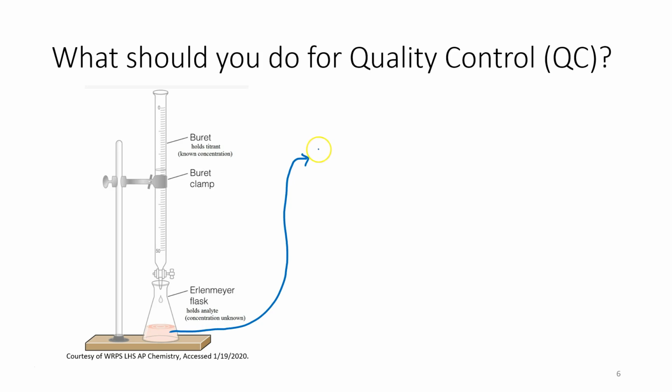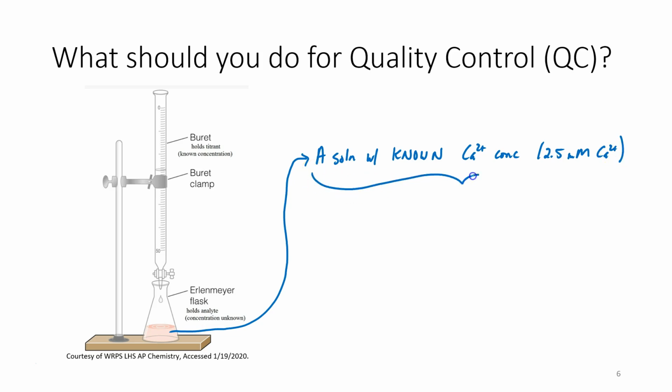So we're going to titrate a solution with a known calcium ion concentration. You prepare it, and I think the concentration is 2.5 millimolar. And this solution is called an LFB.